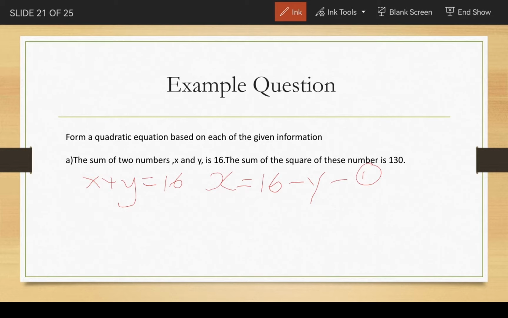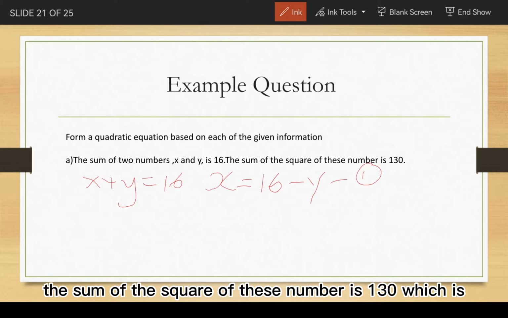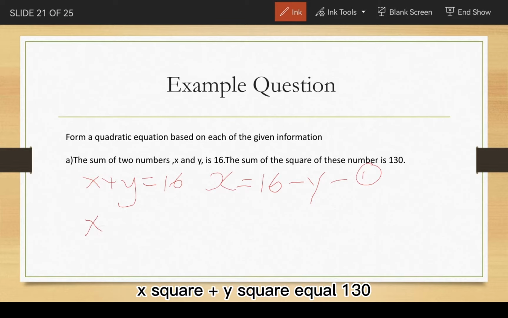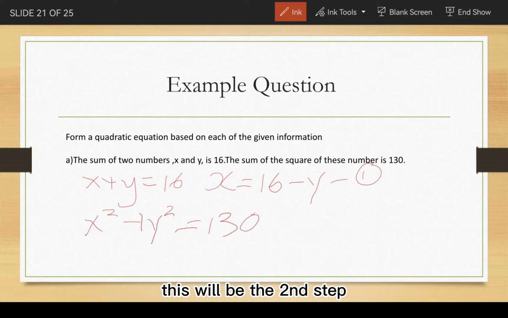Next, the sum of the square of these numbers is 130, which is x squared plus y squared equal 130. Okay, this will be the second step.